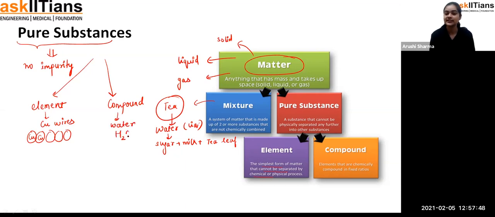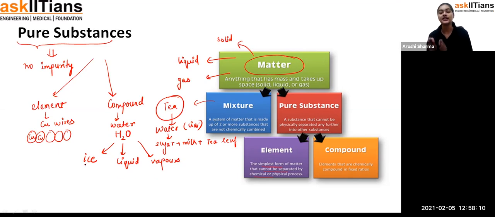We know that it is H2O. Water has three forms: it can be ice, it is also present in liquid form which we usually drink, and it can be converted into vapor form. But in all three states, it is only H2O, H2O, H2O.